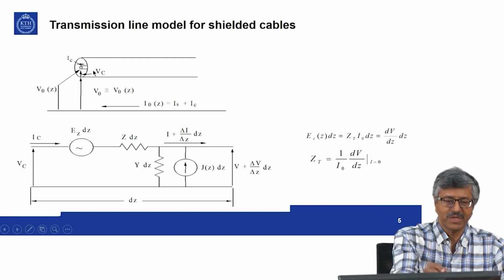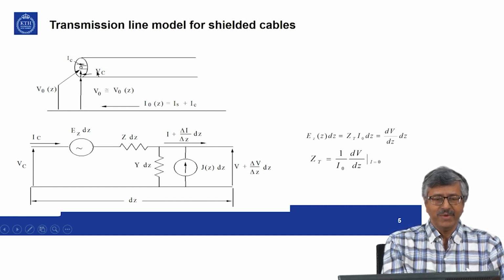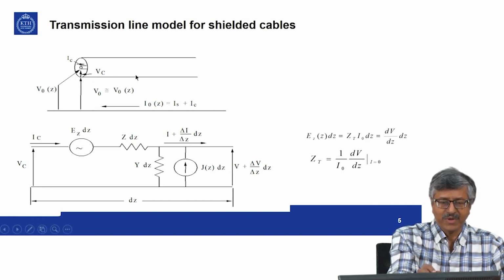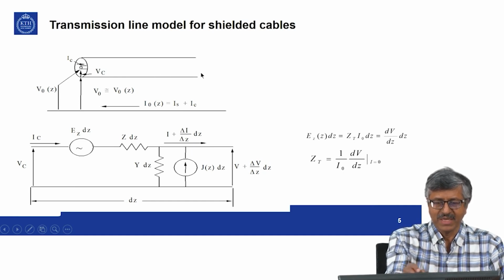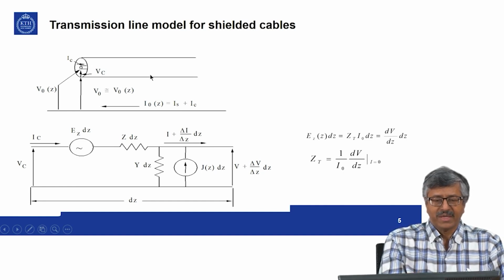So, this is what we want to determine. Intuitively, we know that as the length of the cable is increasing, or as the distance traveled is increasing, more and more voltage will be appearing here. So, let us try to develop a model for it.